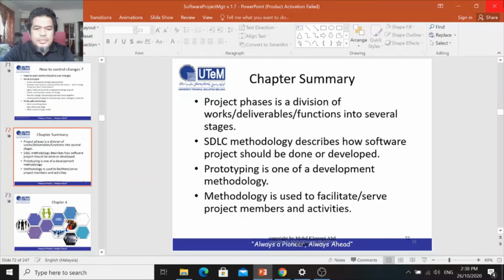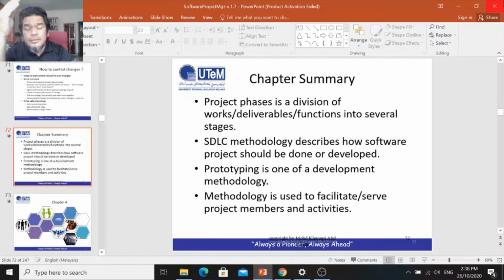Prototyping is one of the development methodologies. This can be taken from the extreme programming methodology, or you can adapt it from the agile methodology.